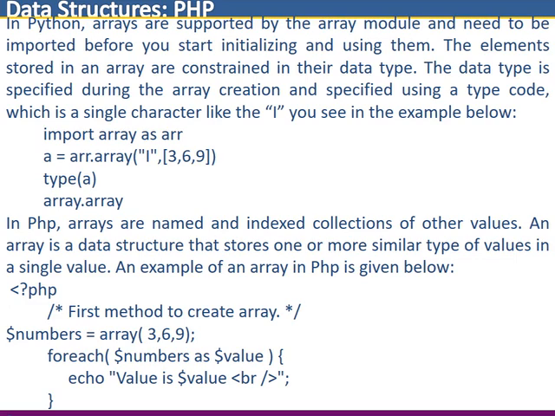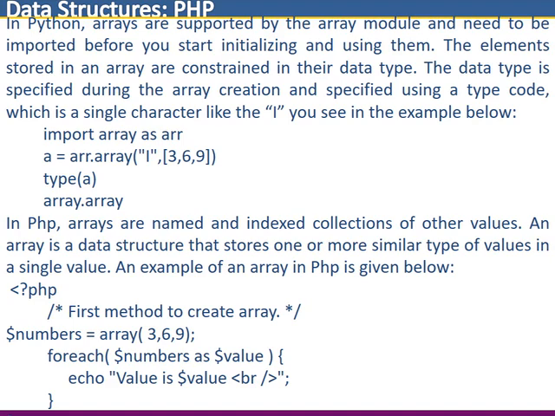In Python, arrays are supported by the array module and need to be imported before you start initializing and using them. The elements stored in an array are constrained in their data type. The data type is specified during the array creation using a type code, which is a single character, like the one we can see in this example.